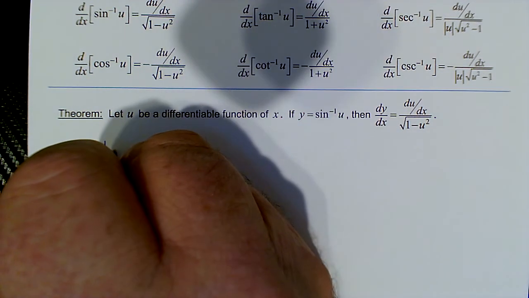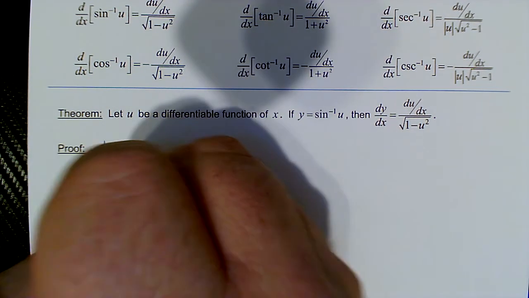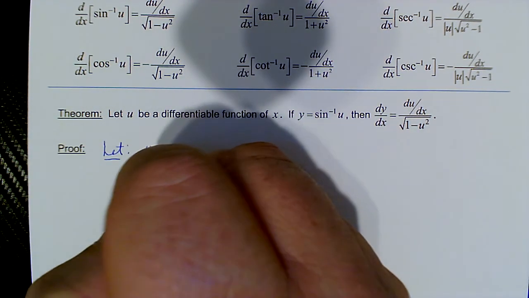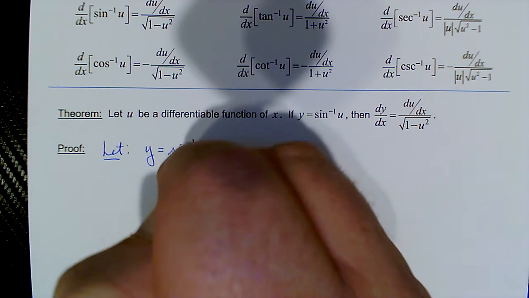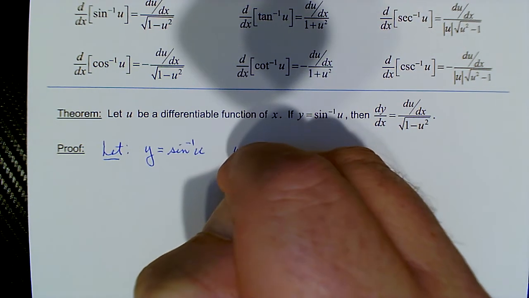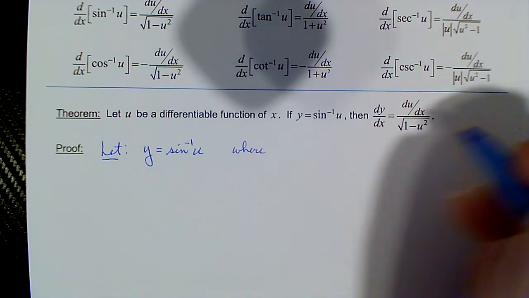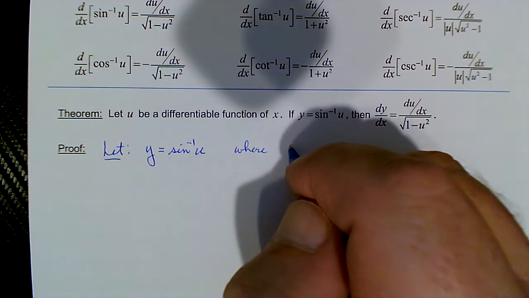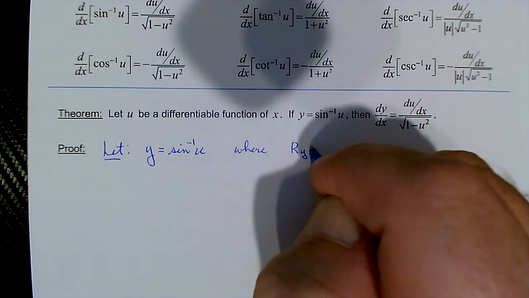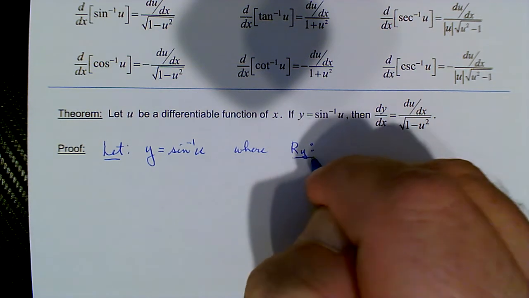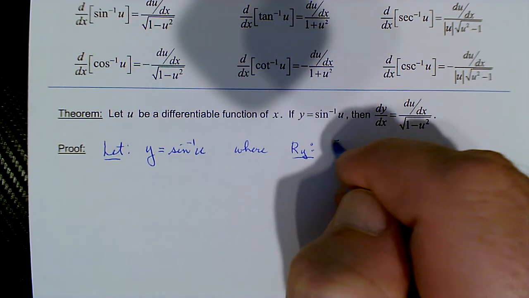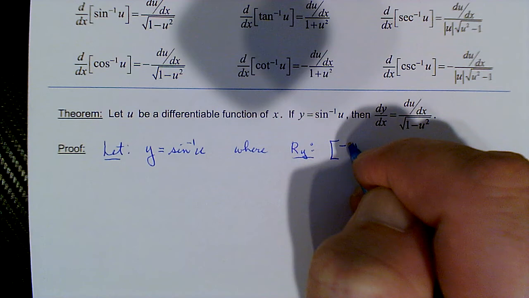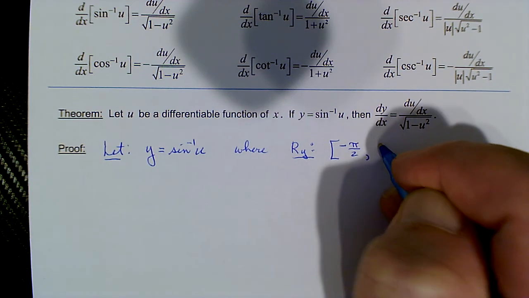So we're going to start by letting y equal the inverse sine of u. But I want you to state immediately that this is where the range of y, so the range of the inverse sine of u, is between negative pi over 2 and pi over 2.